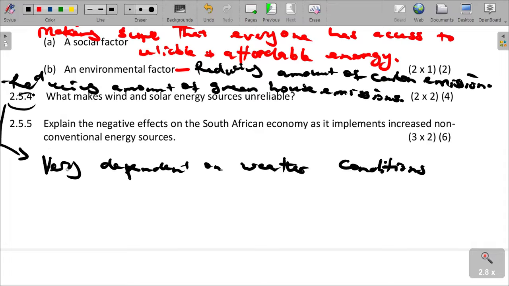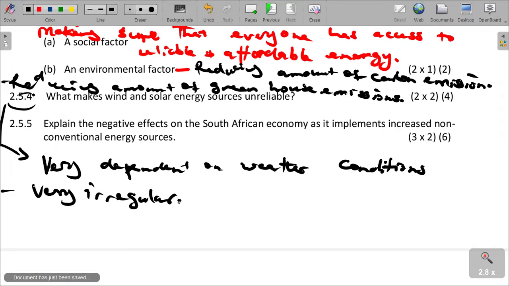So they are very irregular. Not readily available anyway, because when weather is not okay, we cannot have them. Dependent on weather conditions makes them very unreliable also.